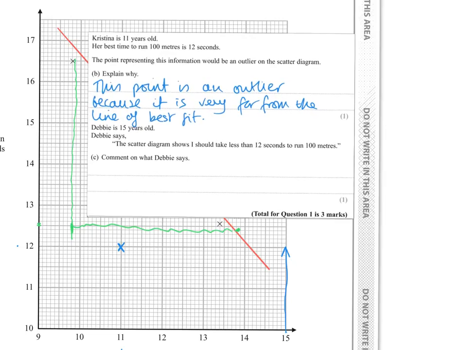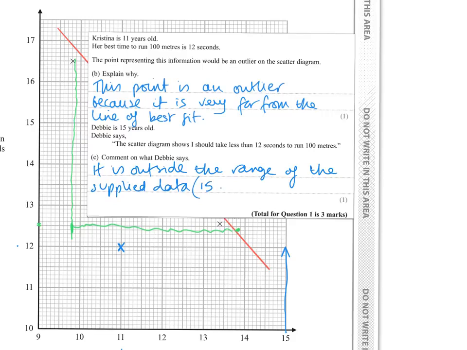So I'll put my explanation on and I'll say something along the lines, it is outside the range of the supplied data, and I'm talking about the age of 15.